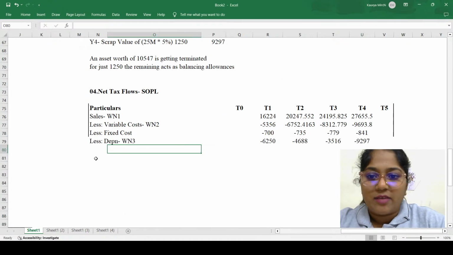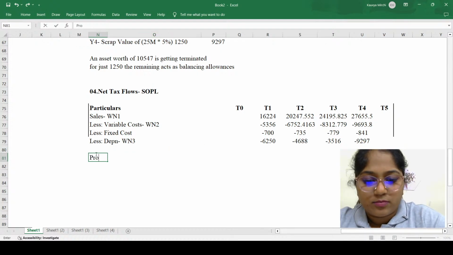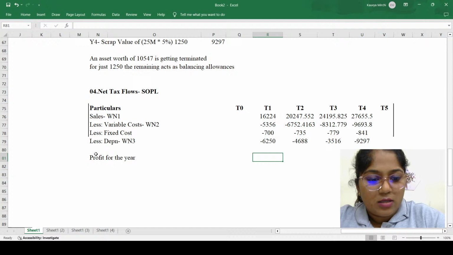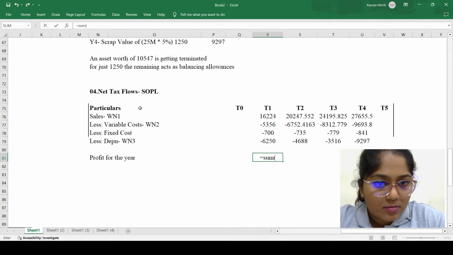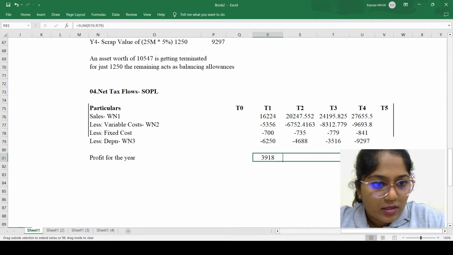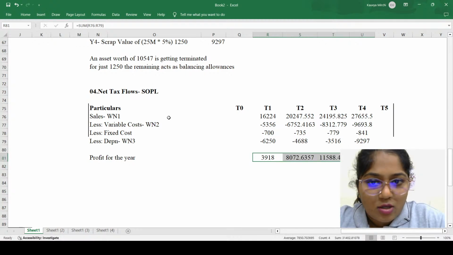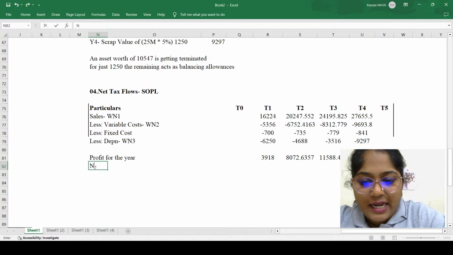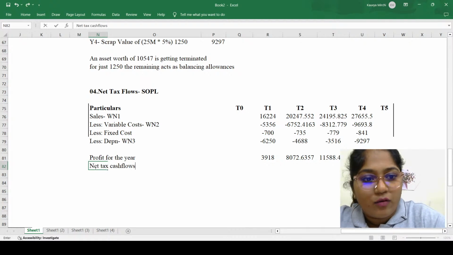Now what happens? I will get to know what is my profit for the year. Take the sum of all of this. Correct, right? Yeah, this will be the profit for the year. On this, I will be finding out the net tax cash flows. It will by default be an outflow only.